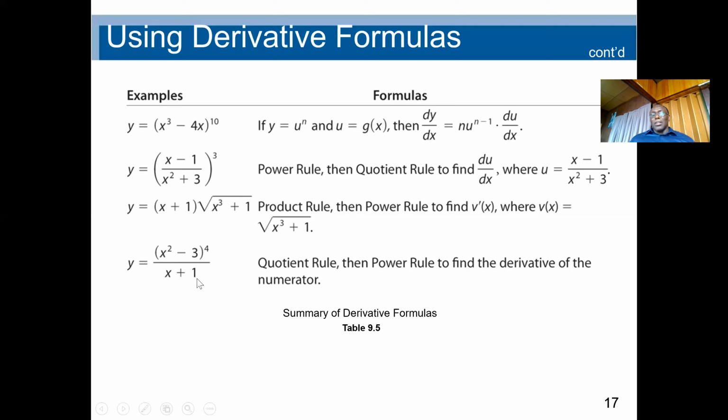Then I'll multiply by the bottom, minus derivative of the bottom multiplied by the top. So derivative of the top will be 4 times (s squared minus 3) to the power 3 times chain rule, this will give me 2s. Then minus derivative of the bottom will give me 1 times (s squared minus 3) raised to the power 4. Everything divided by (s plus 1) squared.